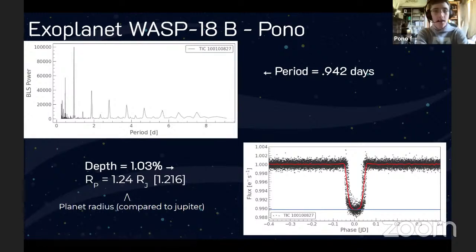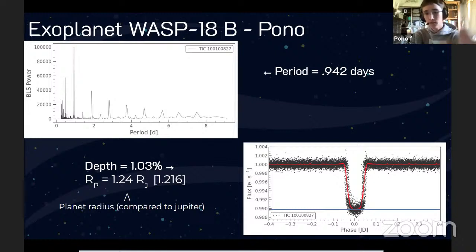The planet I did was WASP 18b. Now, like Wilson said, WASP planets are known for being very big, and you can see that from the scatter plot that I made. It's a very deep drop. The depth, however, is 1.03, and the radius of the planet is 1.24 RJ, which means it's 1.24 times the size of Jupiter.